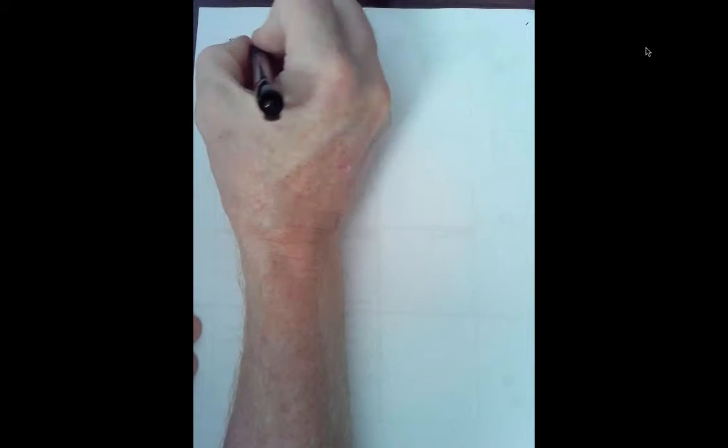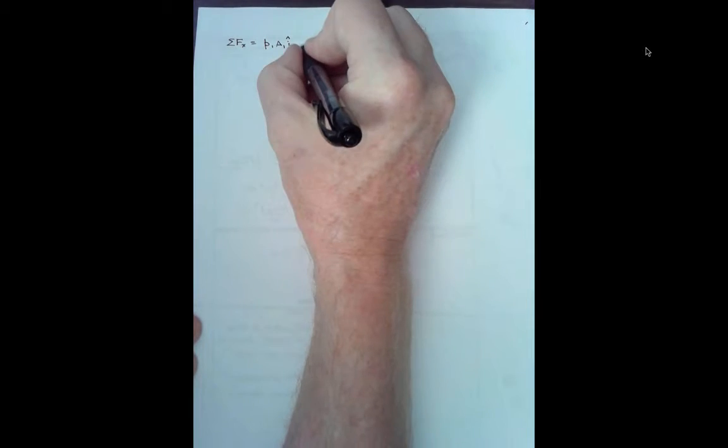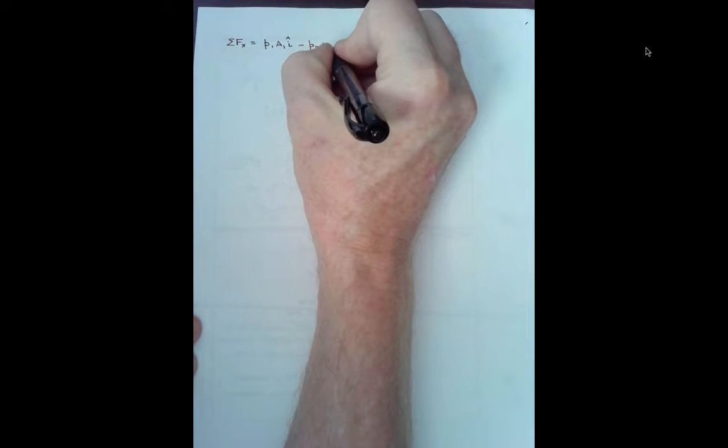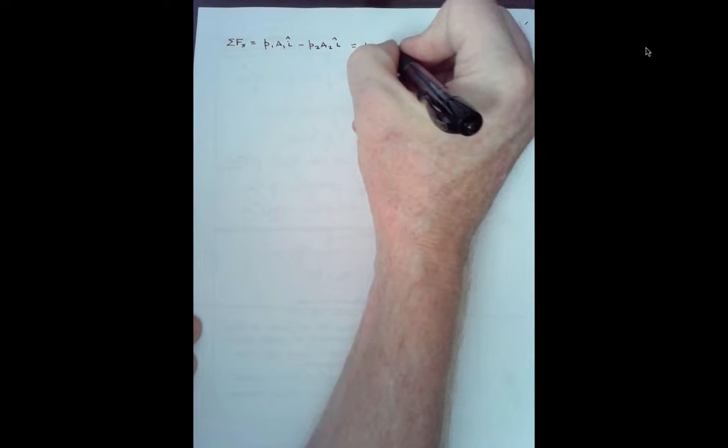Well, let's write the sum of the forces. The Y direction is not going to be useful in this case. So the sum of forces in the X direction is P1 A1 i minus P2 A2 i, equals P1 minus P2 times area times i.